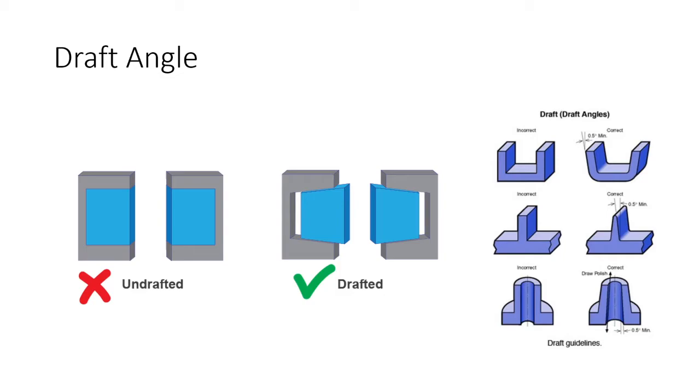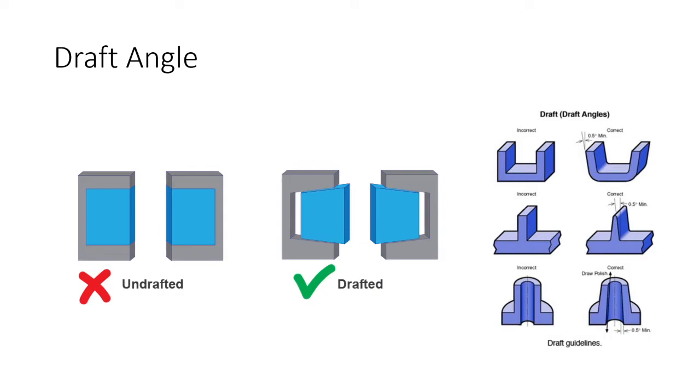The angle which is positioned to run towards the direction of a mold's pull and parting line helps with releasing the part from the mold. It helps mostly for easier ejection from the mold.